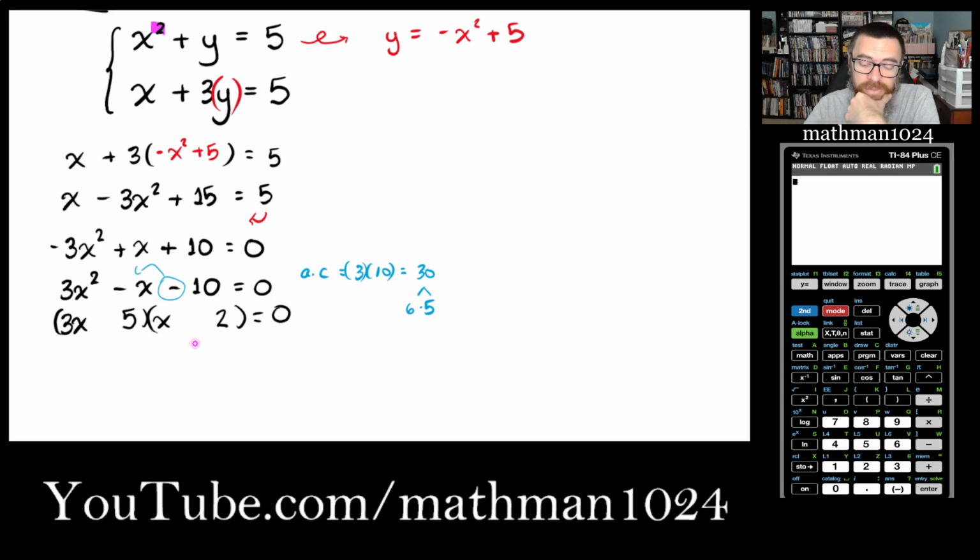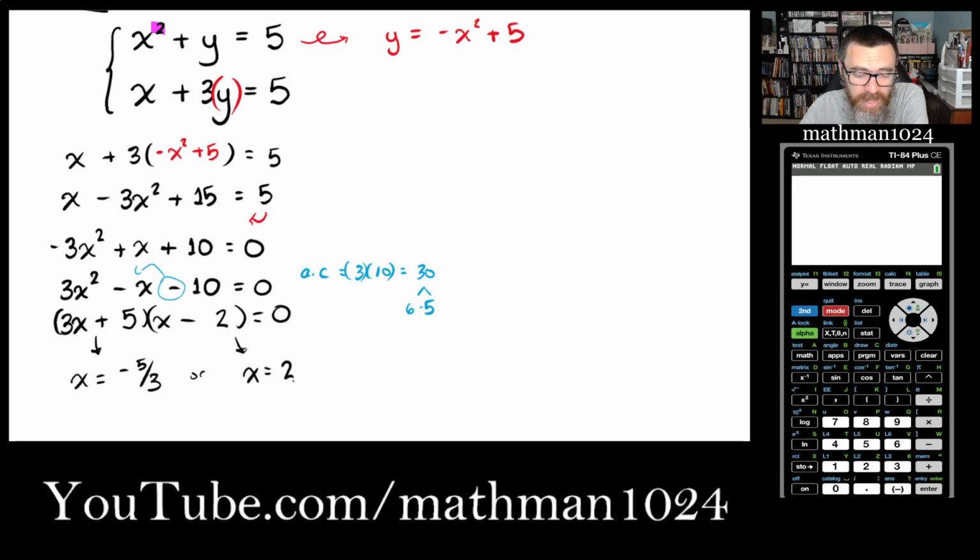Those guys will have a difference of 1. Putting the right signs means a plus 5 and a minus 2. And again, just take a quick moment to see. So you get plus 5x minus 6x, and that's negative x. So everything does check out. Now, finish solving this. So x equals negative 5/3, or from here, x equals 2.